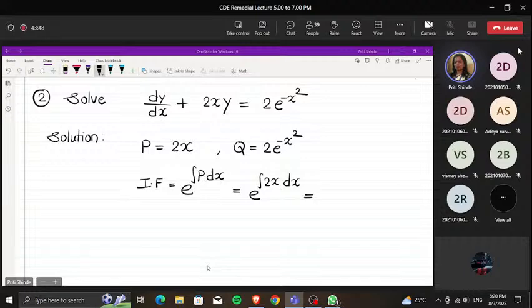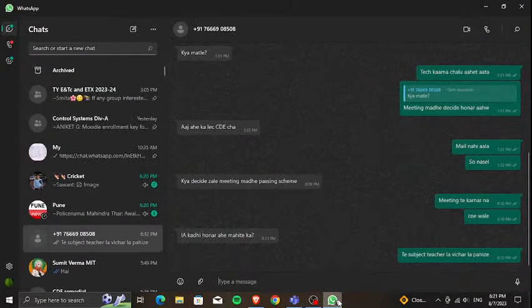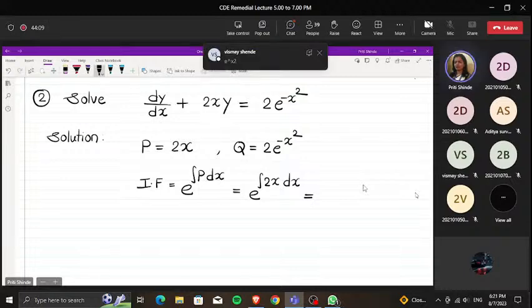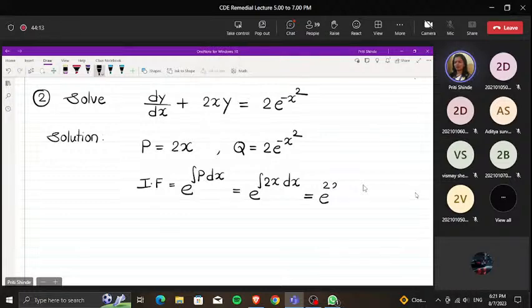You can write down in chat box. E raised to power x square. E raised to power x square. Correct. So e raised to 2, integration of x is x square by 2. So it's simply e raised to x square.